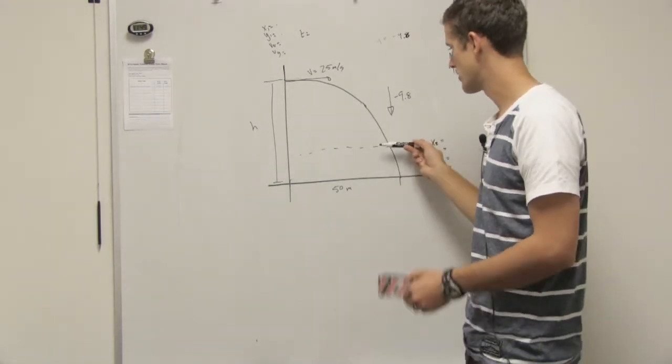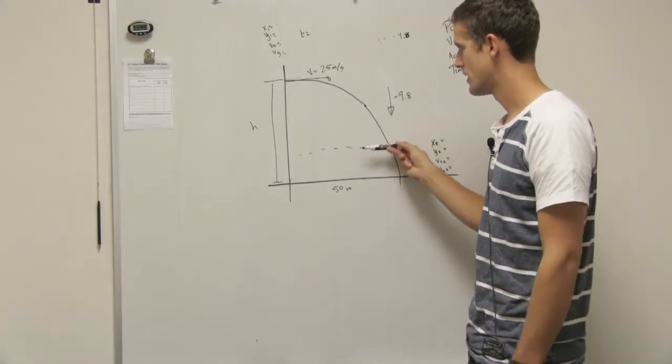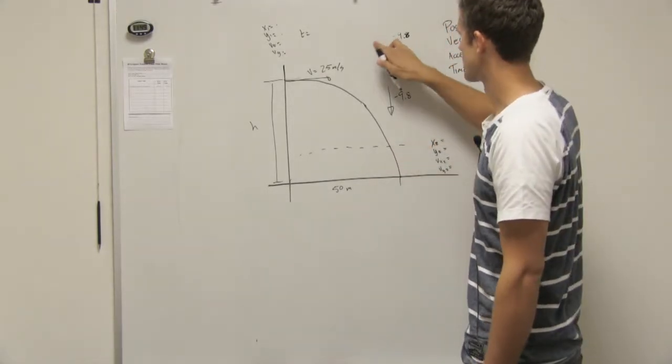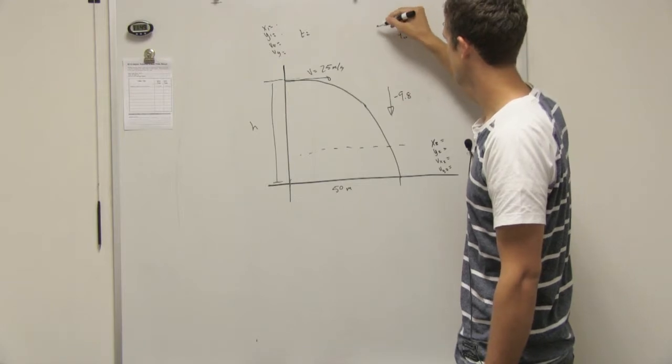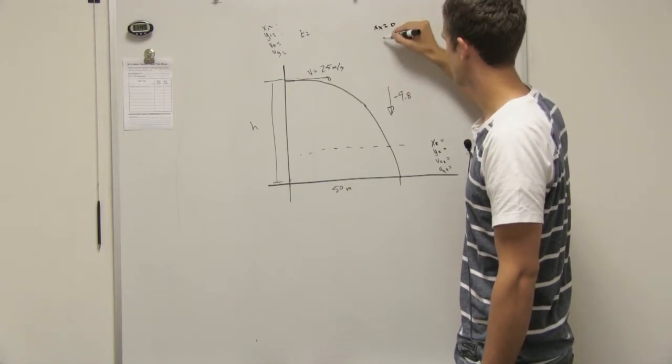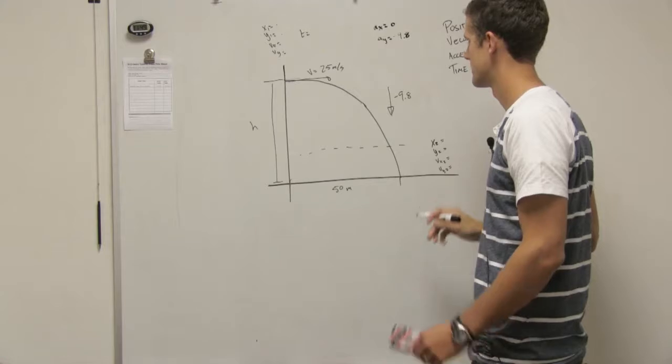So even if it's just in one direction, it's good to write acceleration x is 0, acceleration y is negative 9.8.